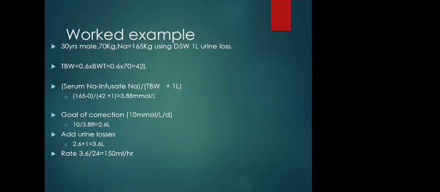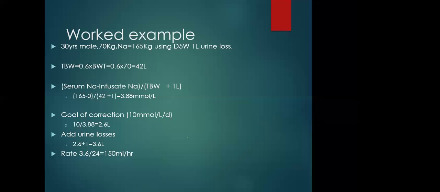So if I'm going to use the total body water, it means that the patient's level is 165, and I'm going to use D5W to correct it. It has sodium of 0, so I put it there, and then the patient has total body water of 42, and then I'm going to add 1, and I'm going to get 3.88 millimole per liter.